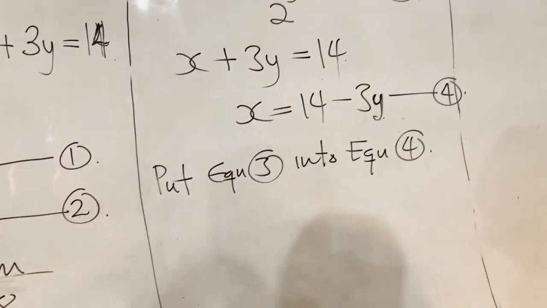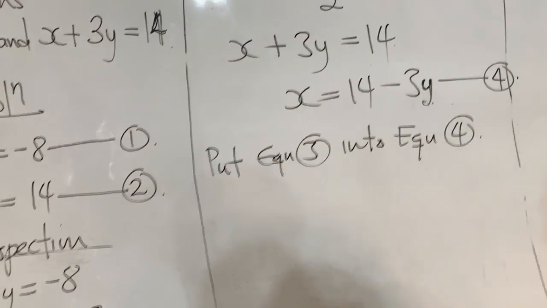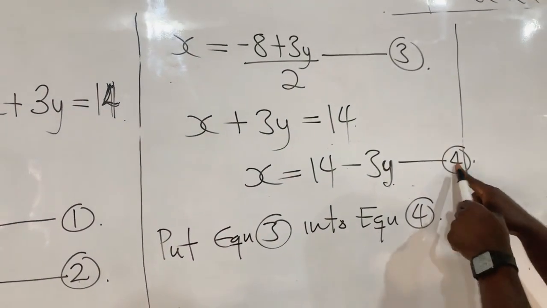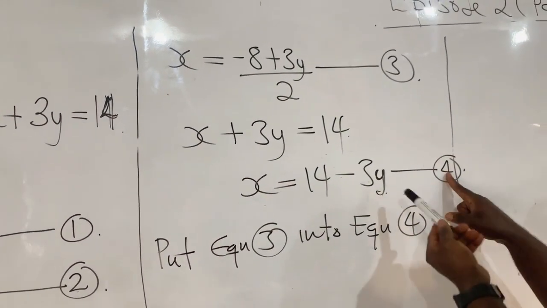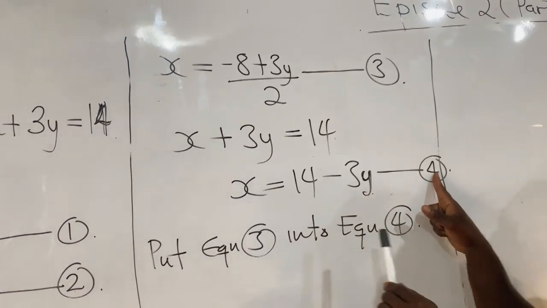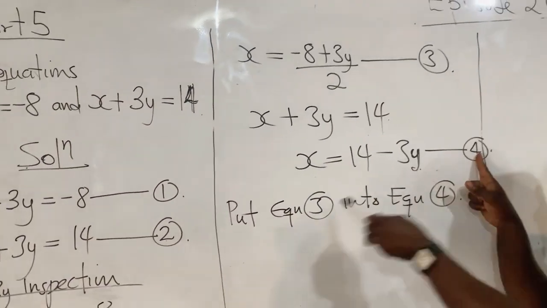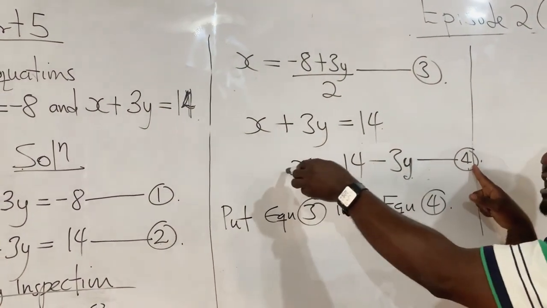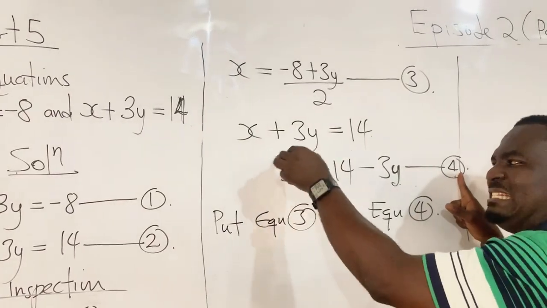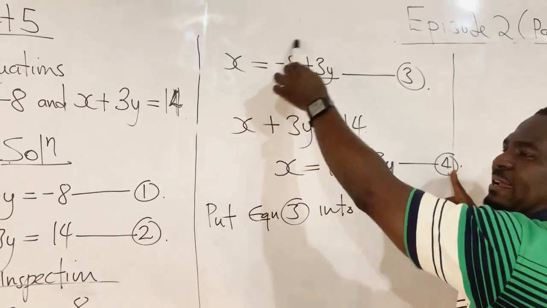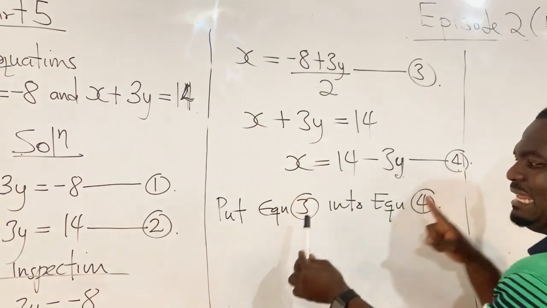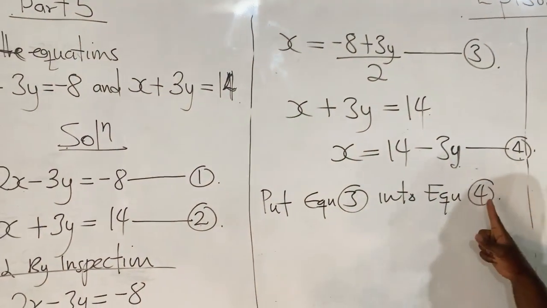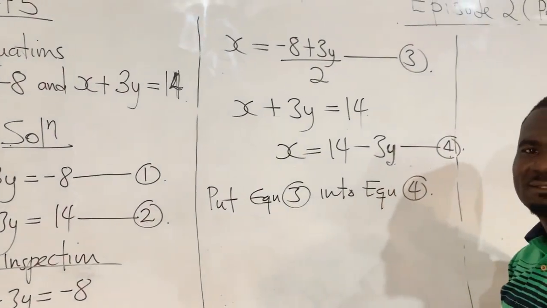It will be interesting to know what will happen here. Do you understand it? What does it mean? It means in equation 4, whenever I see x, I'm going to replace this x here with everything here. That is the meaning of putting equation 3 into equation 4.